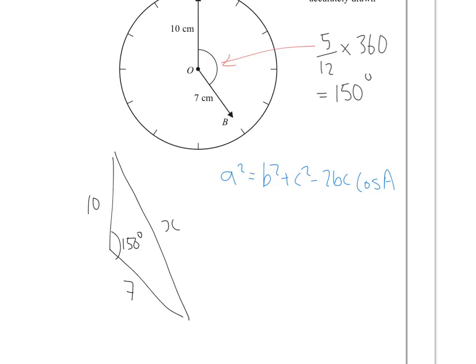Labelling the triangle, well, cos a, so the angle I know, I'm going to call the corner a, hence the opposite side a. B and c, it doesn't matter which way round I call them, so hence opposite sides, little b, little c. So therefore subbing in, x squared equals my b value squared, 10 squared plus c value squared minus 2 times 10 times 7 times cosine of the angle 150.